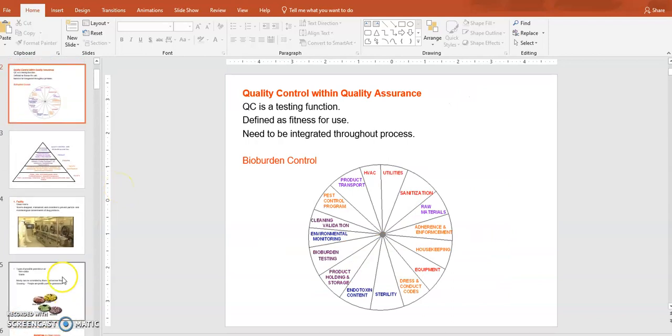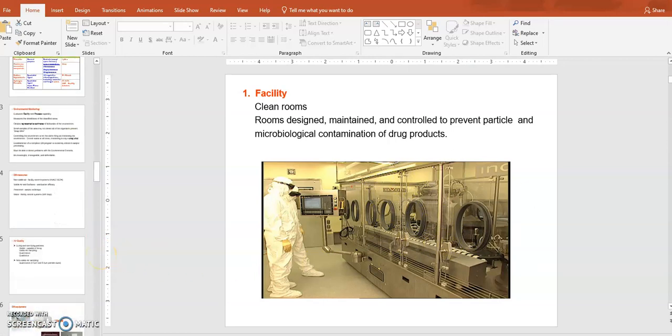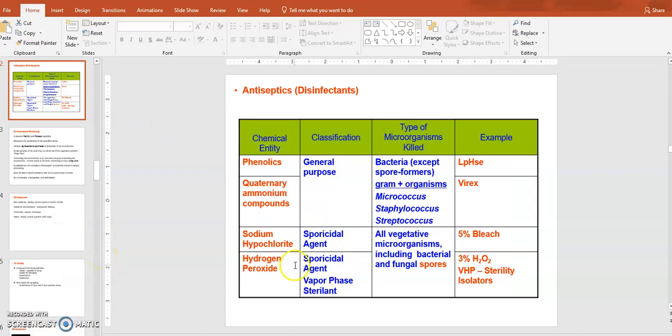When this filling machine should be sterilized at the end, you use vapor phase hydrogen peroxide to kill whatever is still in the space. Okay, it's very effective.